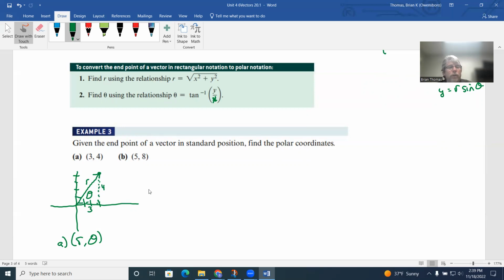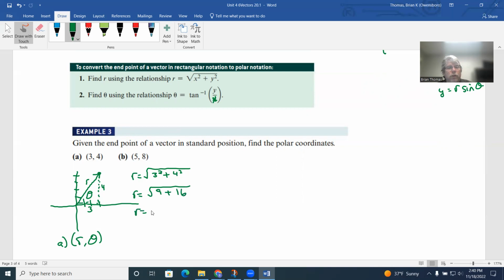To find r, we use the square root of x squared, which is 3 squared, plus 4 squared. That just comes from the Pythagorean theorem. So it's the square root of 9 plus 16.